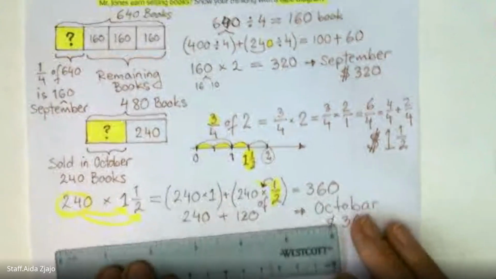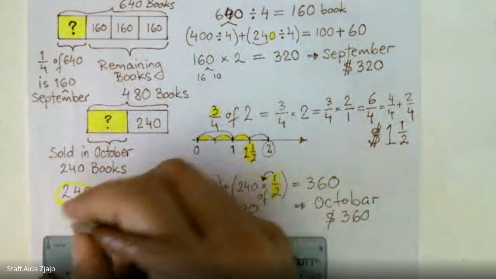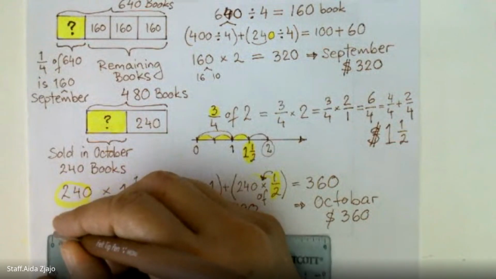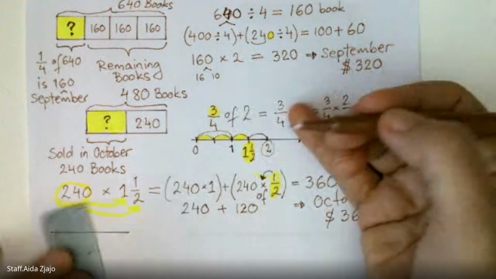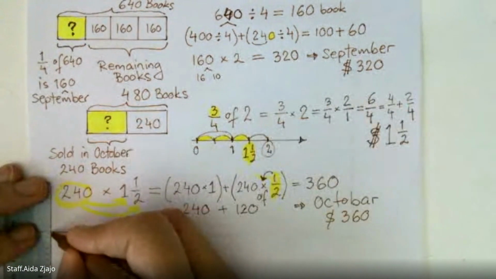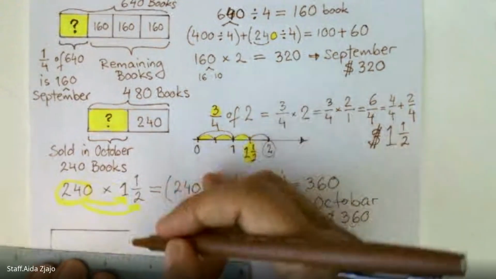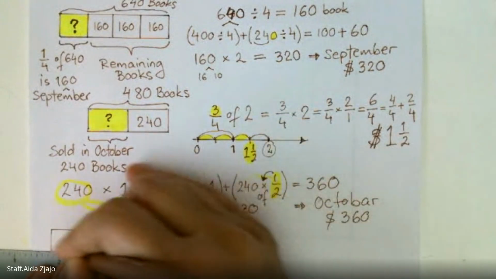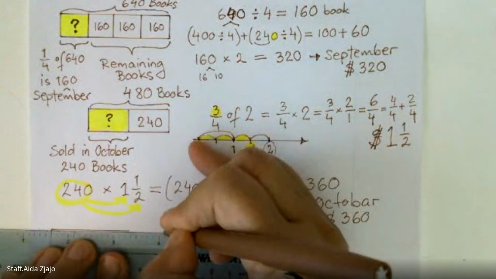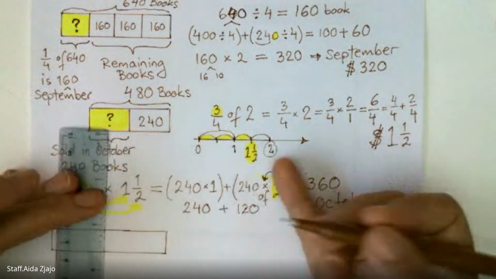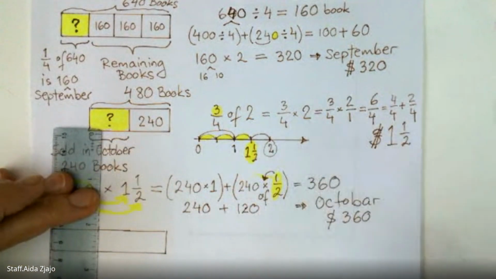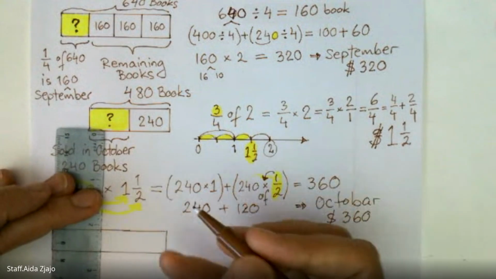If you want to do that again in a diagram, you can. 360 is a little bit bigger than 320.